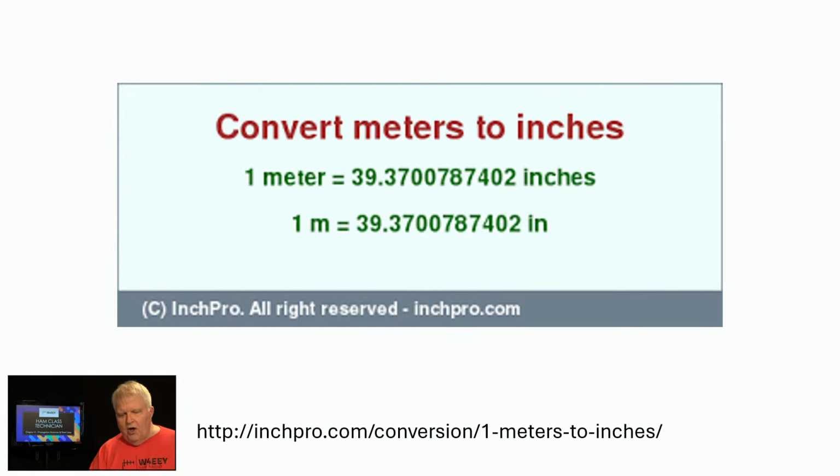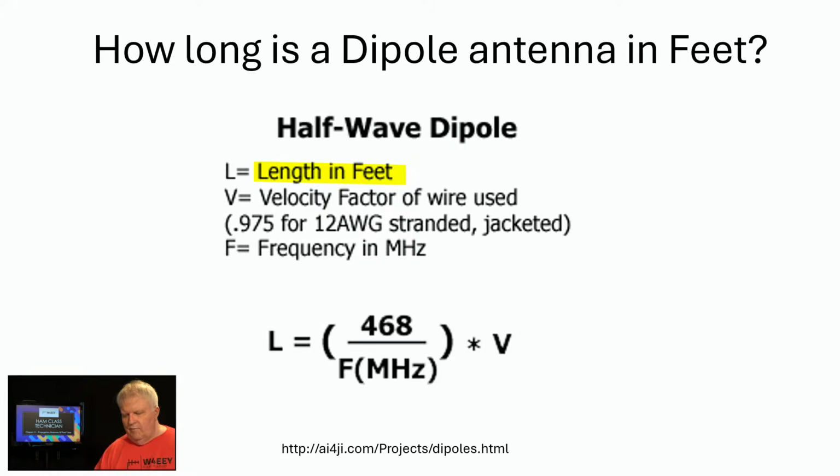So how long is a dipole antenna in feet? I think there's a formula in the book, and then there's this one. This is the more popular one, I think. 468 divided by the frequency in megahertz will give you the length of the half-wave antenna in feet. Then whether the wire is bare copper or whether the wire has an insulated jacket, a plastic jacket on the outside, will change the length.